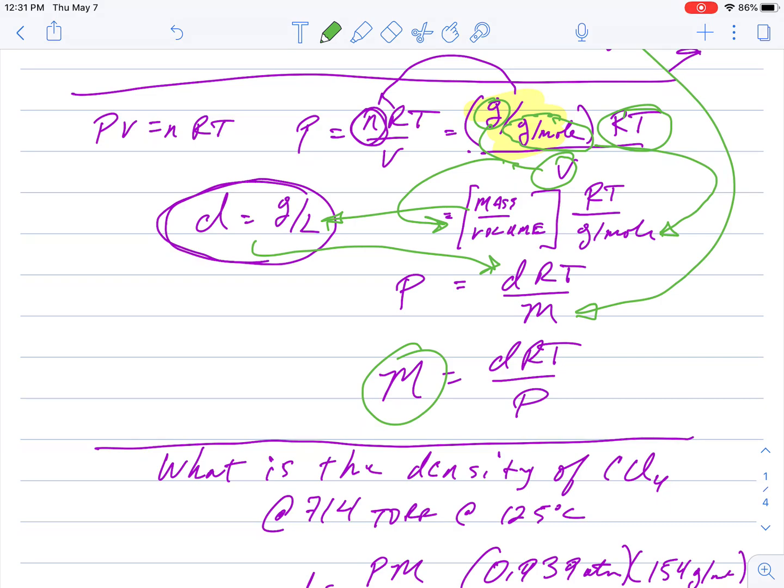Now, if you look at what we're able to measure, this is actually a very important equation in terms of being able to find molar mass. So let's say, for example, you have methane, CH4. I put an extra C in there, hold on.